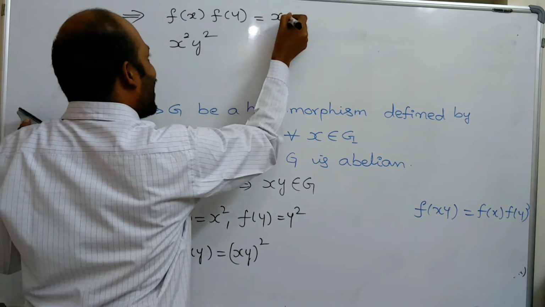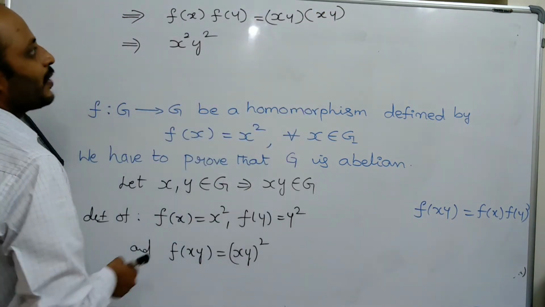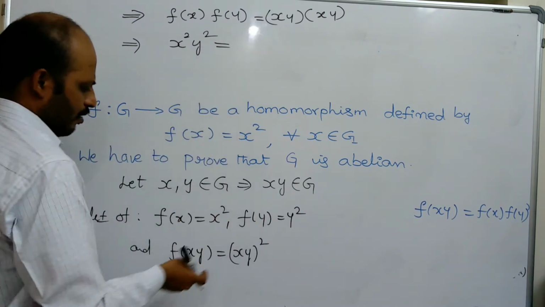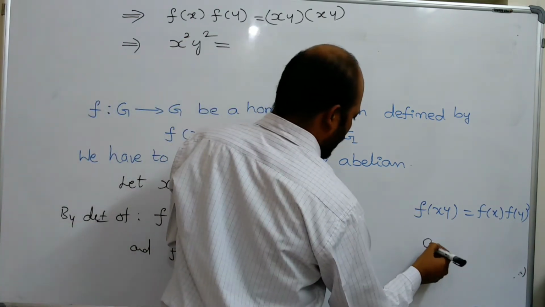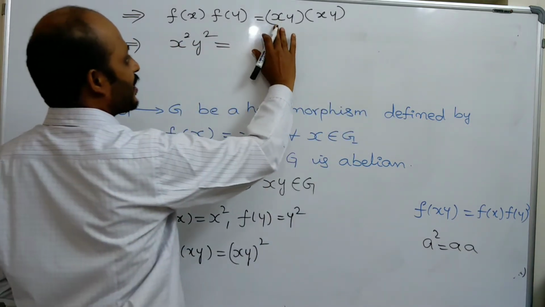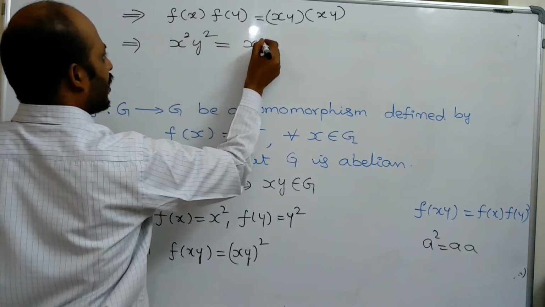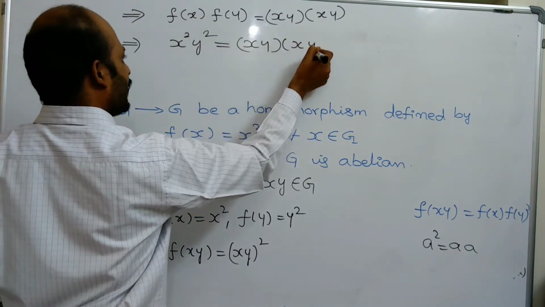Please observe that. We know that a square can be written as a into a, so xy whole square can be written as xy into xy. So x square y square equals xy into xy.